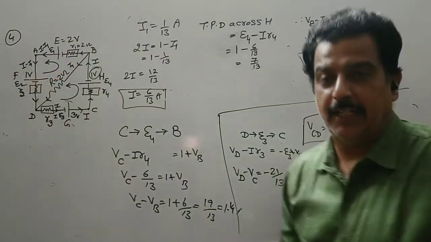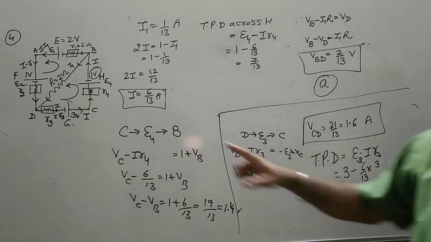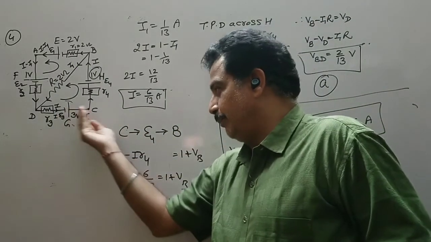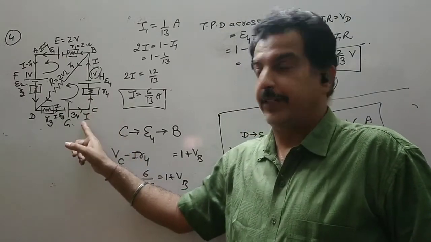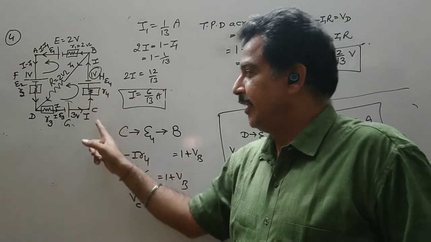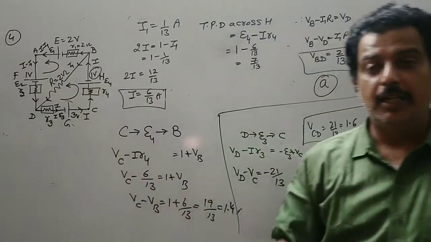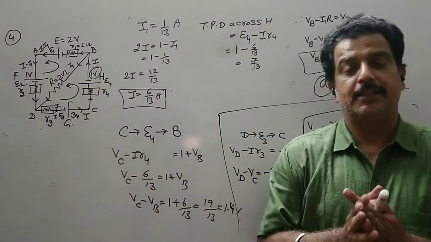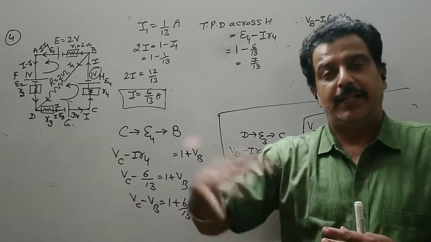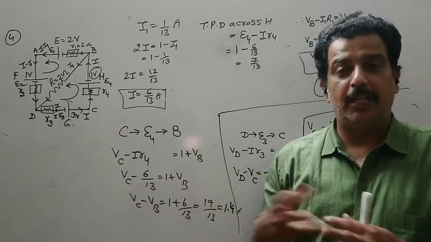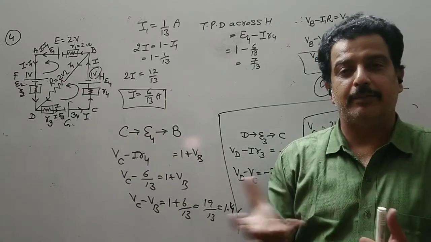So what is the error in our calculation? See, the current is coming out from the positive terminal, so this is the case of the discharge of a battery, and here you see the current is entering from the positive terminal. While doing the theory, we discussed that if you are taking current from a cell or a battery, the battery is getting discharged, and if you are giving current to the battery, it is charged.